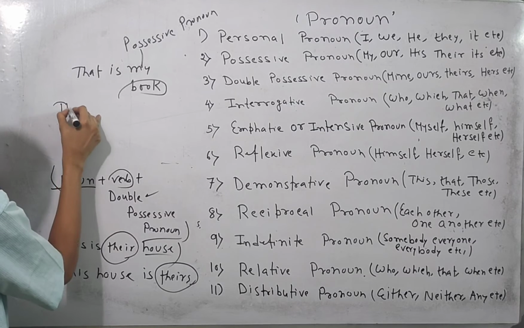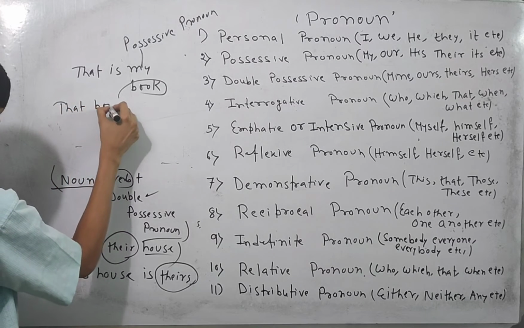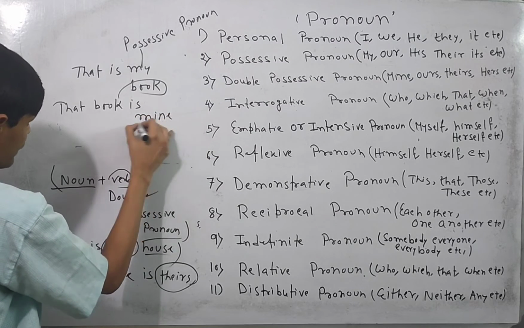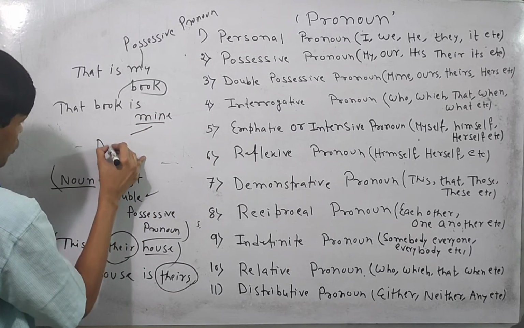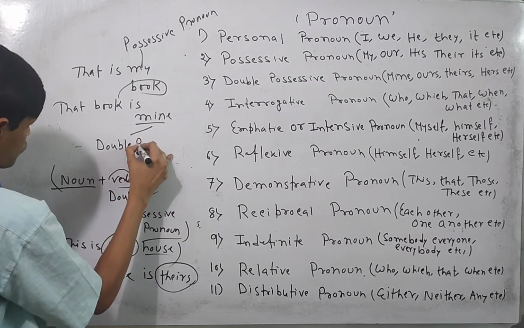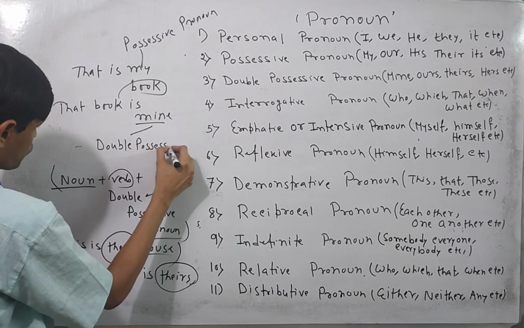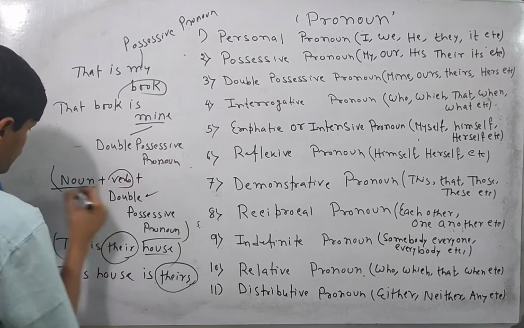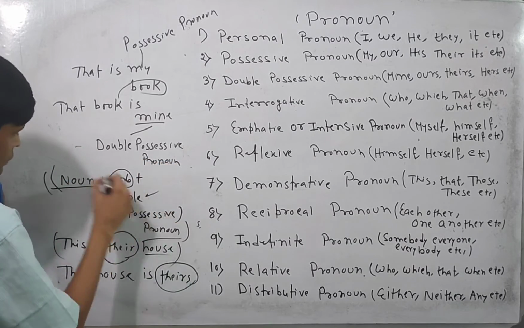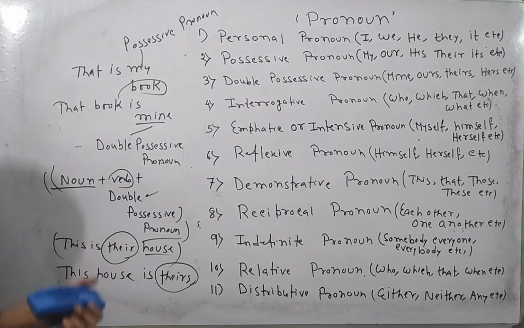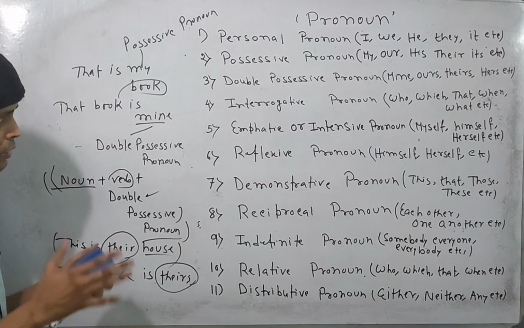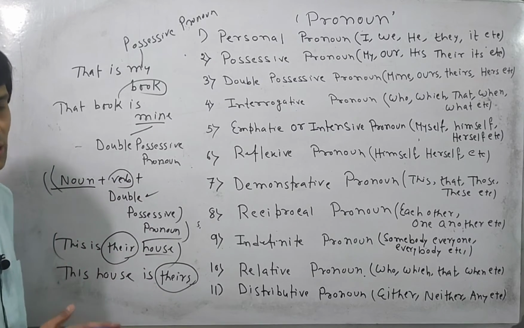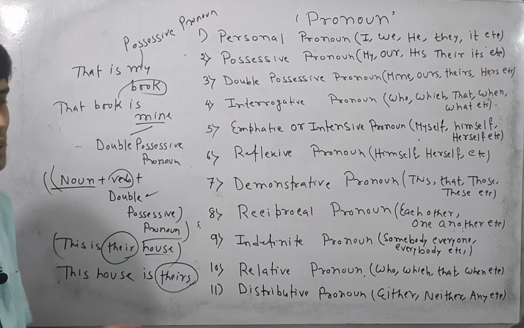Now we can write, that book is mine. Here it is functioning as a double possessive pronoun. You have to be very careful about this systematic format: noun plus verb plus double possessive pronoun. After making you understand all the pronouns in 2 or 3 classes, I will try to analyze some exercises.